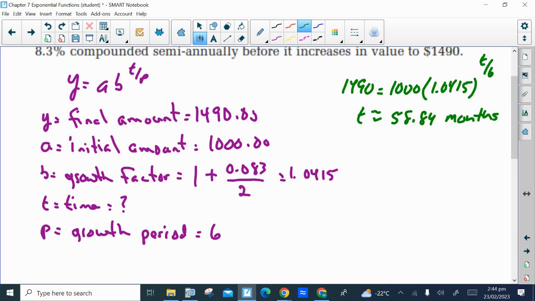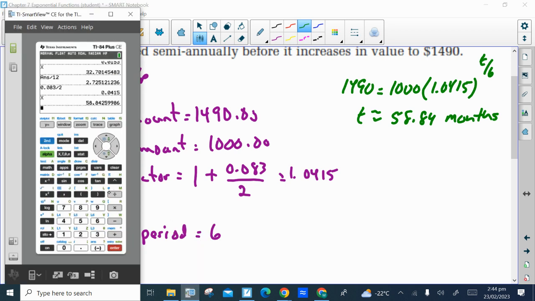And if we want to write that in years, again, we would divide by 12, which gives us 4.9 years, which would have to be rounded up to 5 because the interest is calculated semi-annually, which means every half year. So it's either going to be rounded up to a 0.5 or rounded up to a whole.